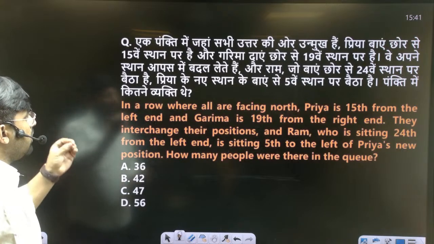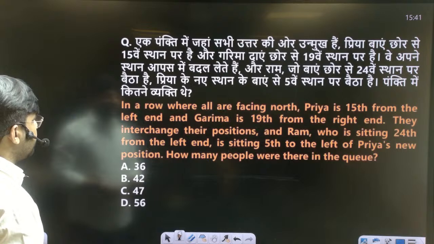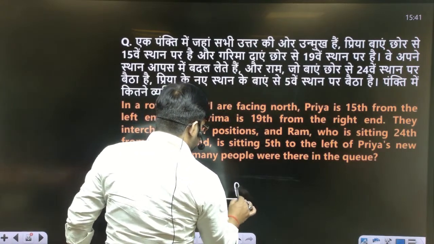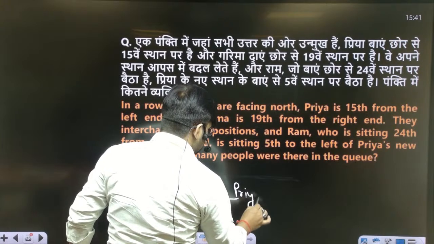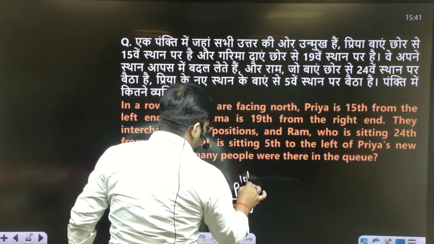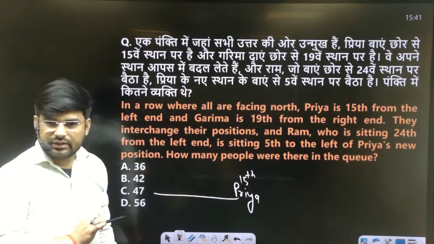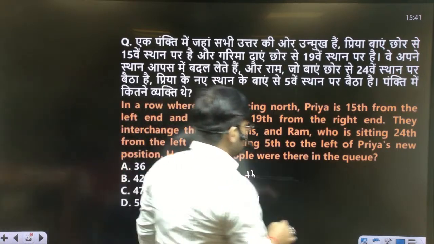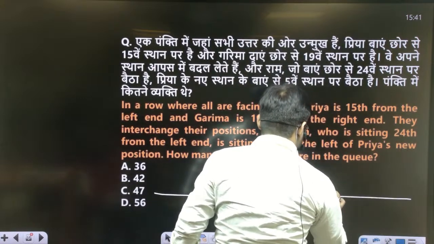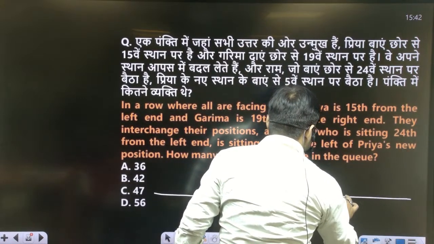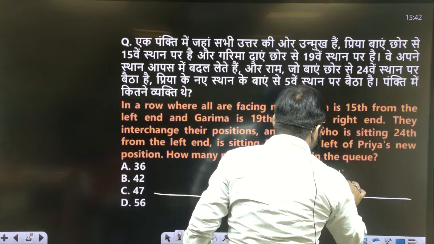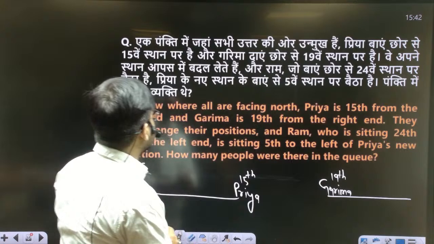In a row where all are facing north, Priya is 15th from the left, and Garima is 19th from the right.